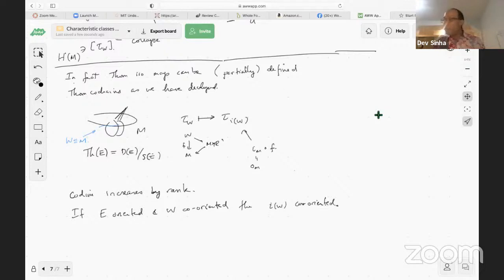The other thing you could do is say a relative theory. The most convenient theory would be to consider the pair E and the complement of the interior of the disk. So say, vectors of length greater than or equal to 1.